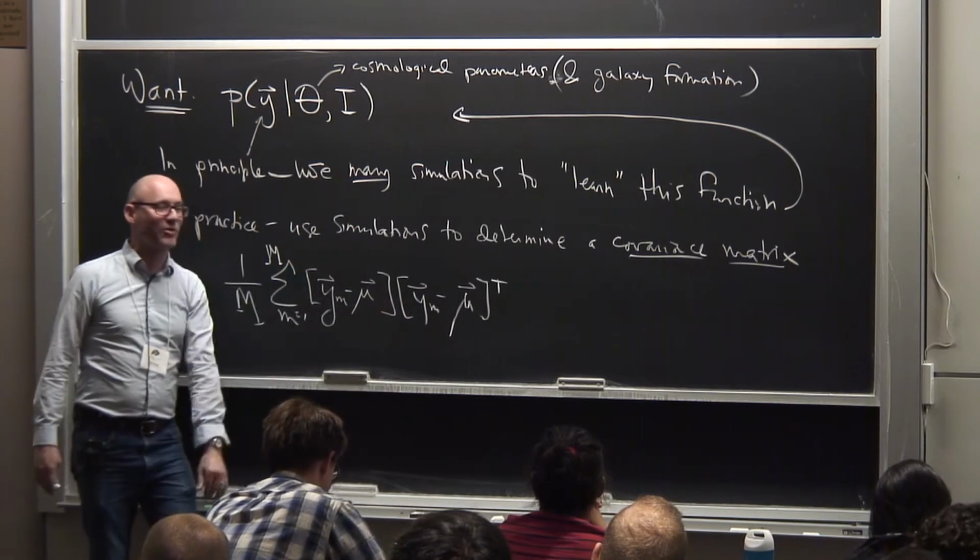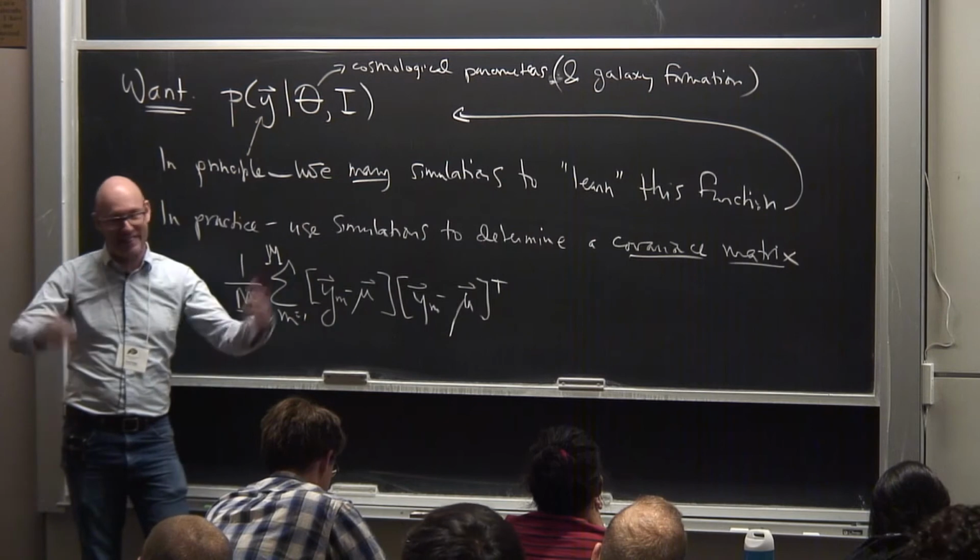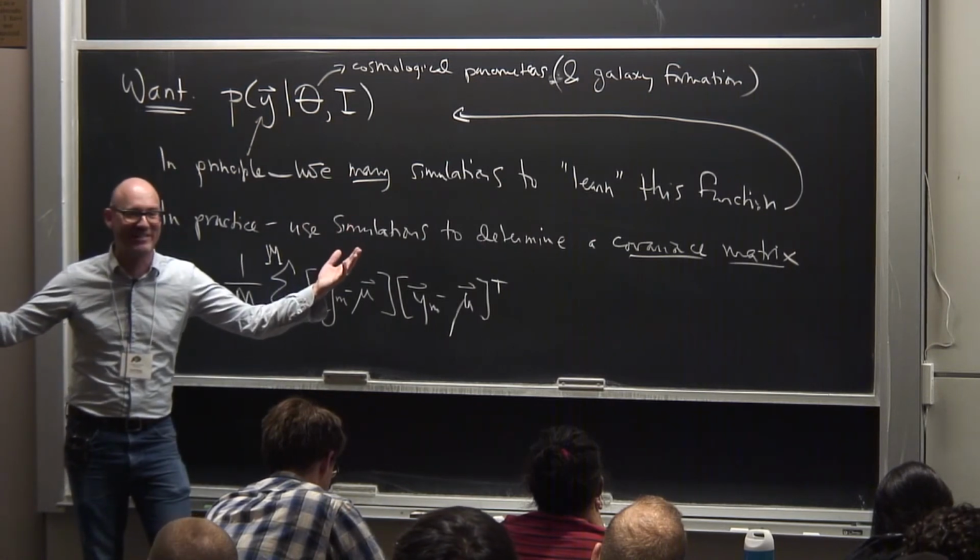We use that empirical covariance matrix in a Gaussian function, and that's what we do, because that's all we can afford to do.